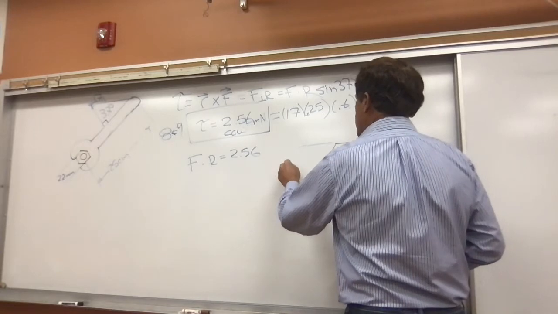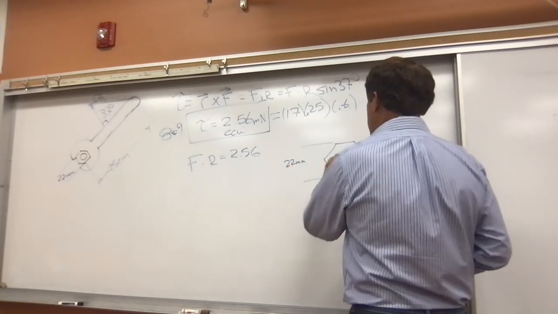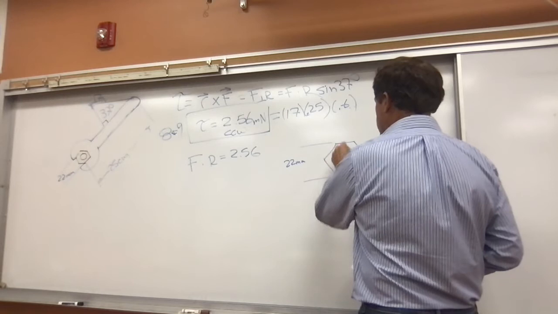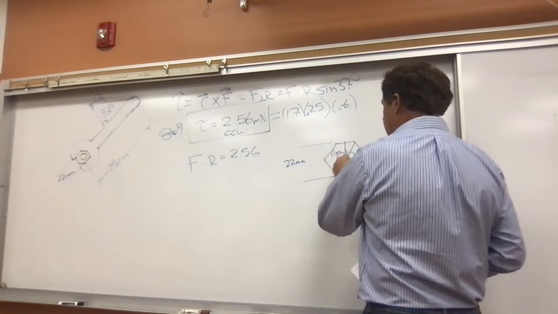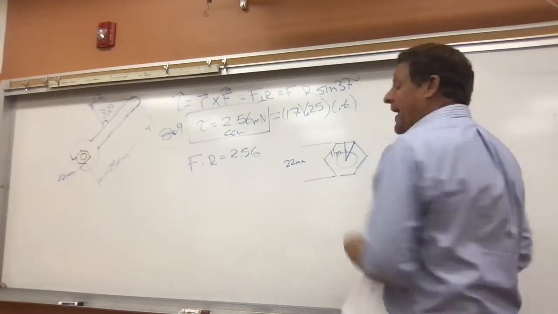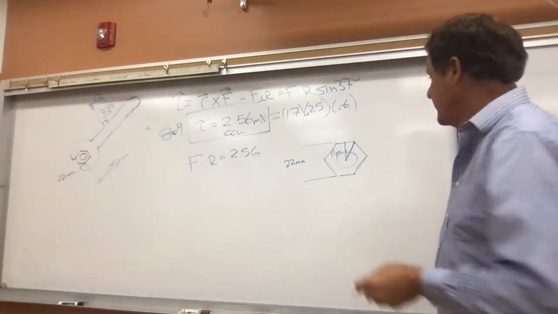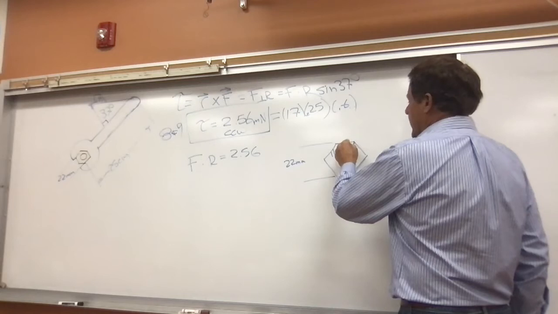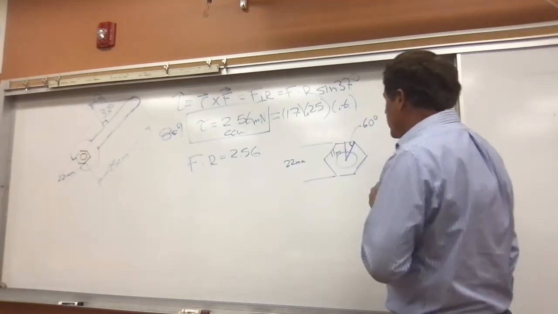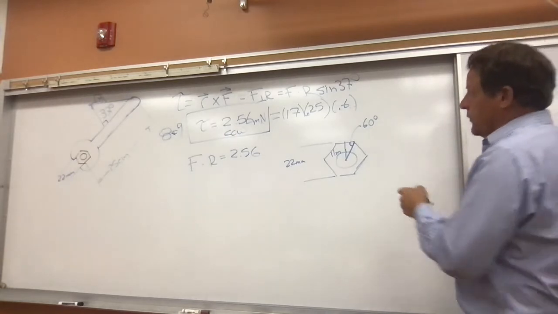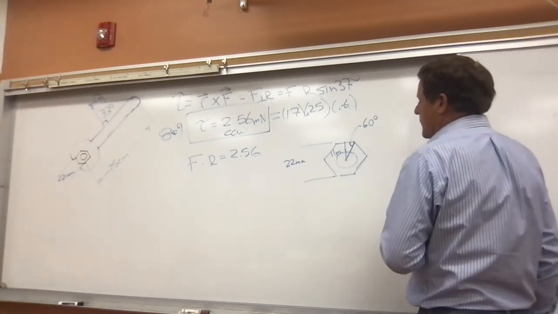So if it's 22 millimeters, then we can think of this part right here as being 11 millimeters. And since this is a hex nut, this angle right there is going to be 60 degrees. And we are looking for this hypotenuse right here.